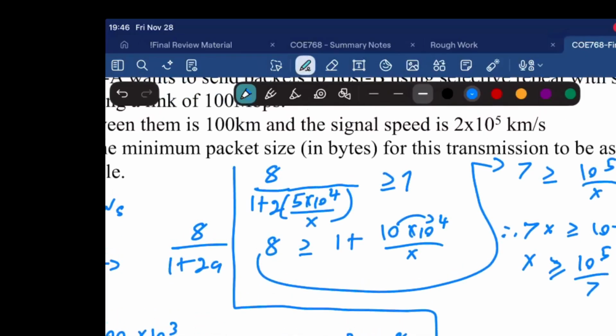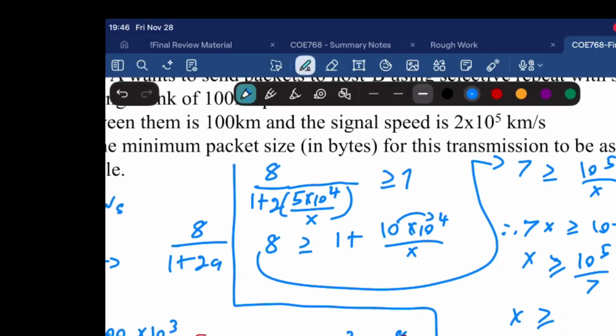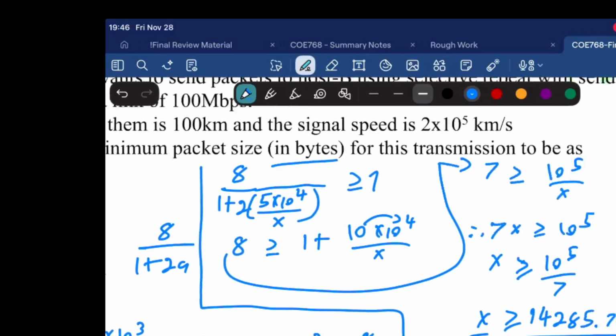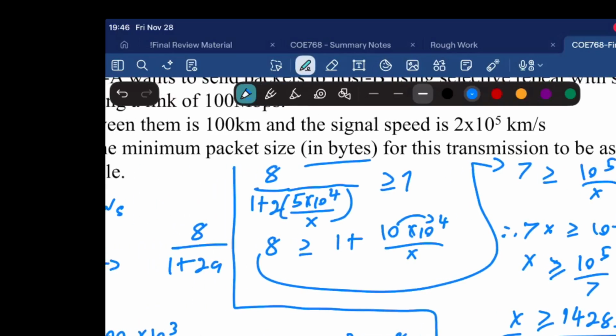This gives us x greater than or equal to 14,285.71 bits. And if we divide both sides by 8 to get the number of bytes, which is what the question is asking, x is greater than or equal to 1,785.71 bytes.